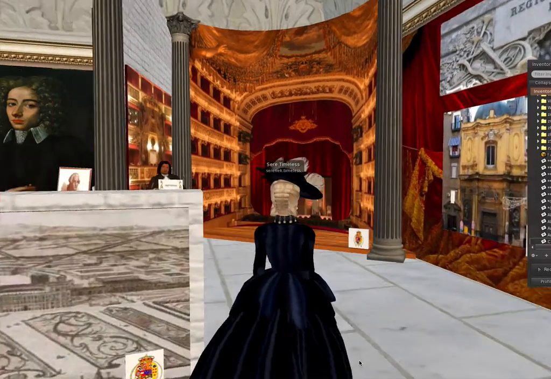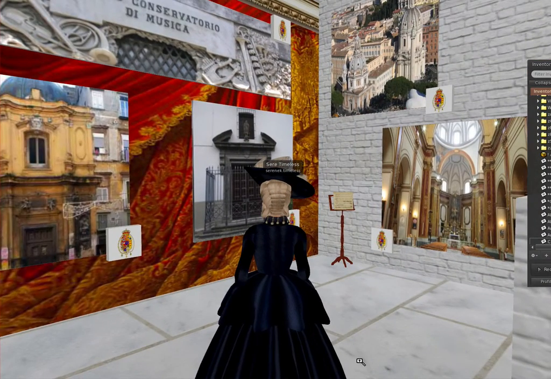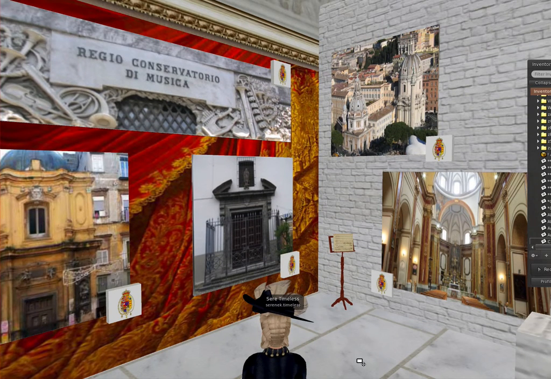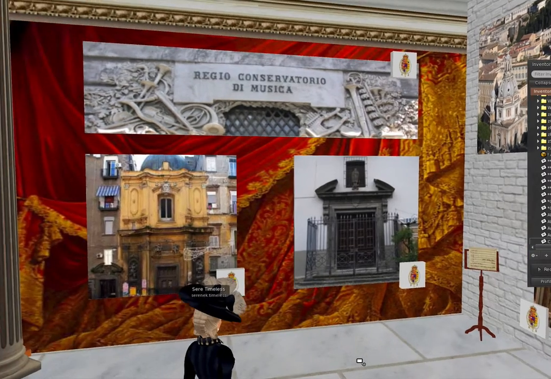In addition to being progressive with respect to workers and crafts, King Ferdinand was also very progressive when it came to education and established 4 conservatories in the city of Naples to educate young men both in the arts and the sciences. Naples therefore became a center of arts and sciences during this time period.